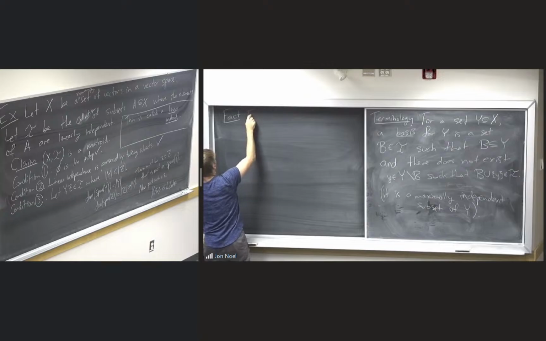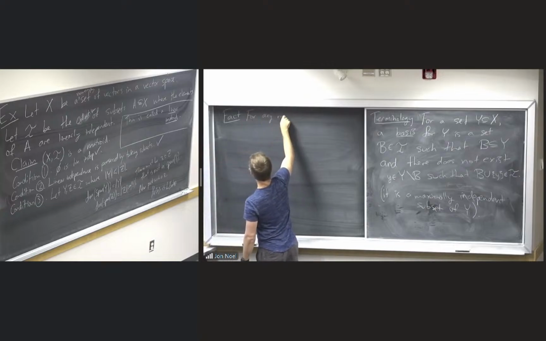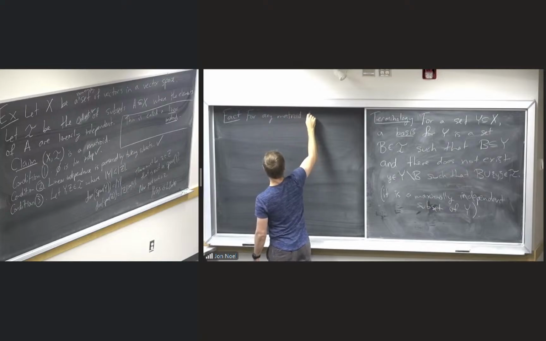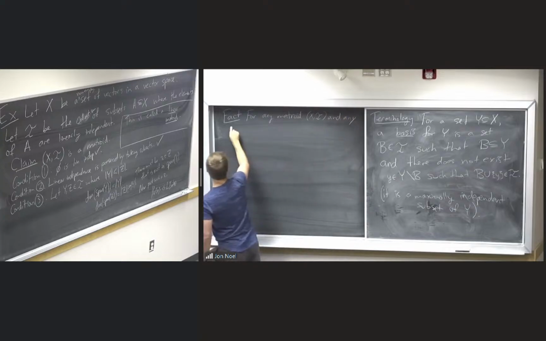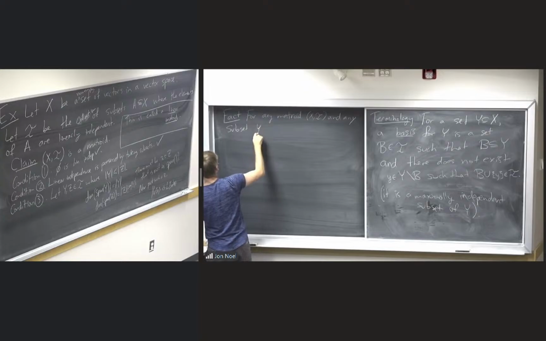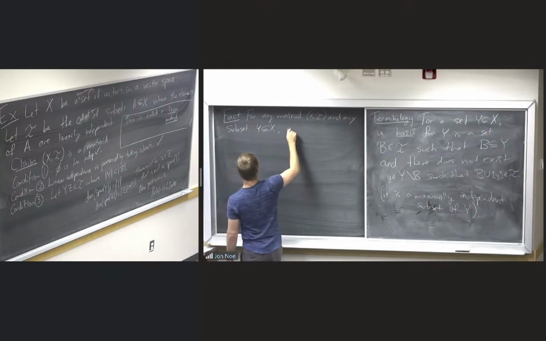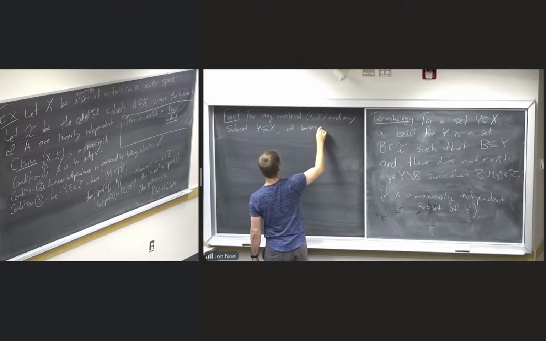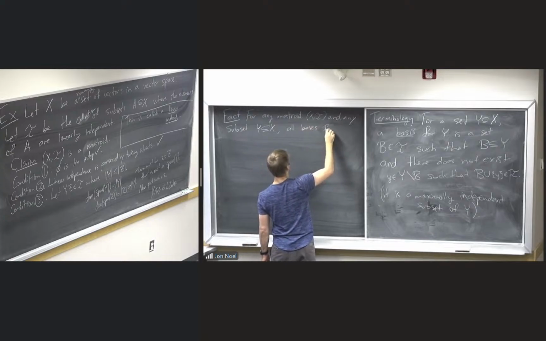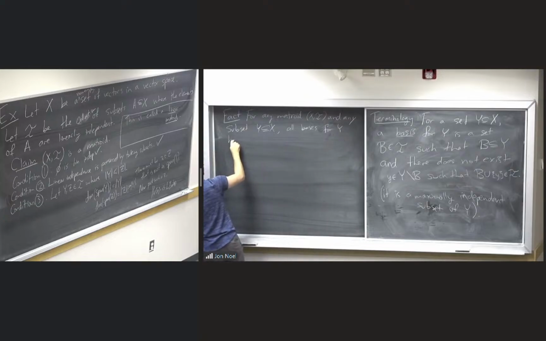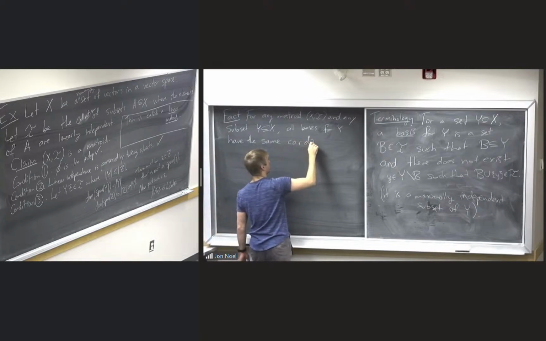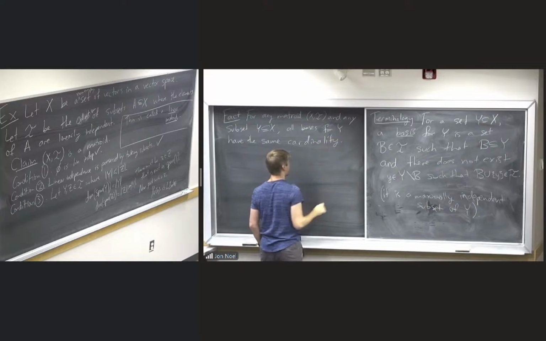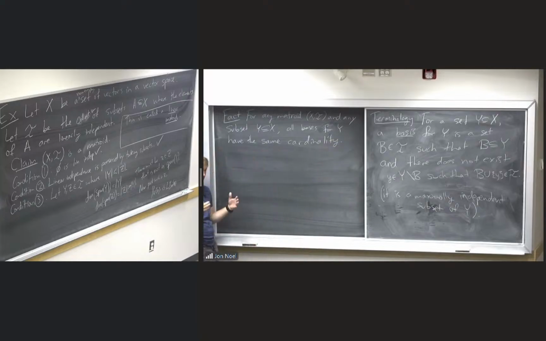So for any matroid M and any subset y of X, all bases for y have the same cardinality. And this is for any matroid, right? So not just these linear matroids.